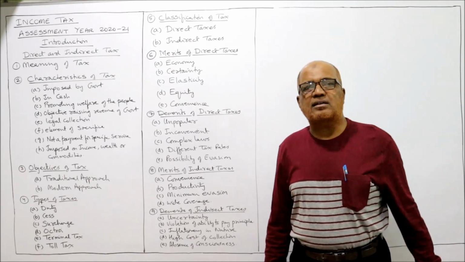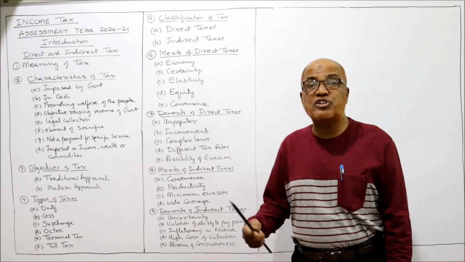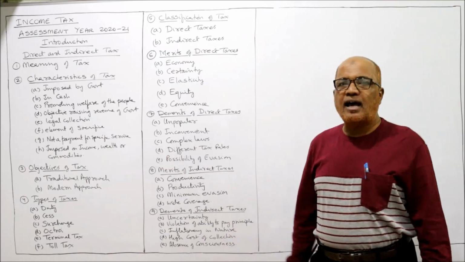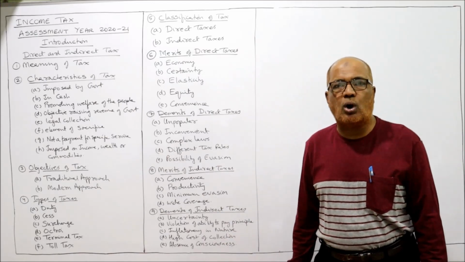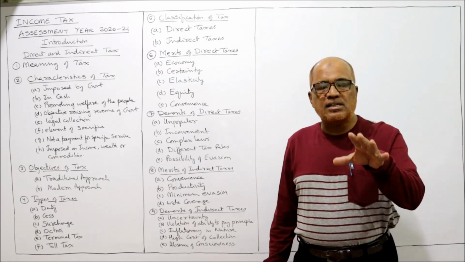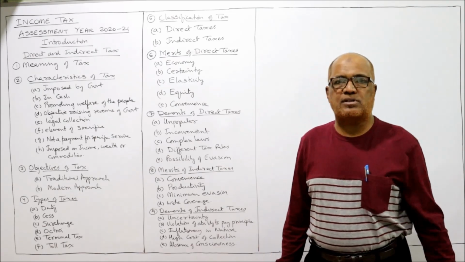The examples of direct taxes are income tax, wealth tax, and professional tax. Indirect taxes are the taxes which are imposed on commodities, goods or services. These indirect taxes will be paid by one person but borne by another person.